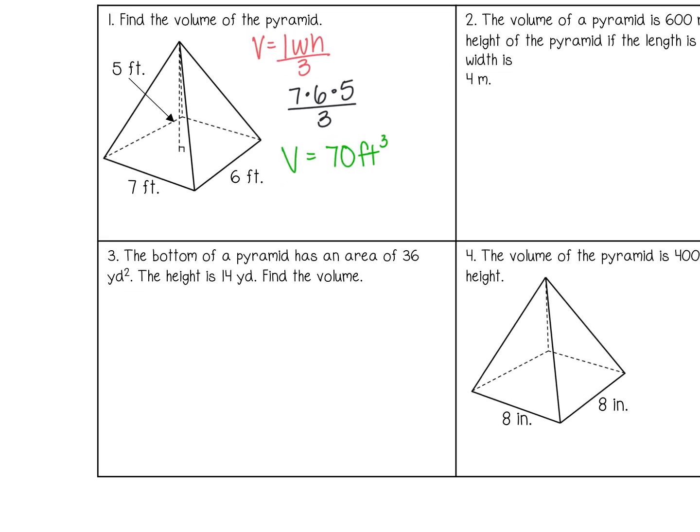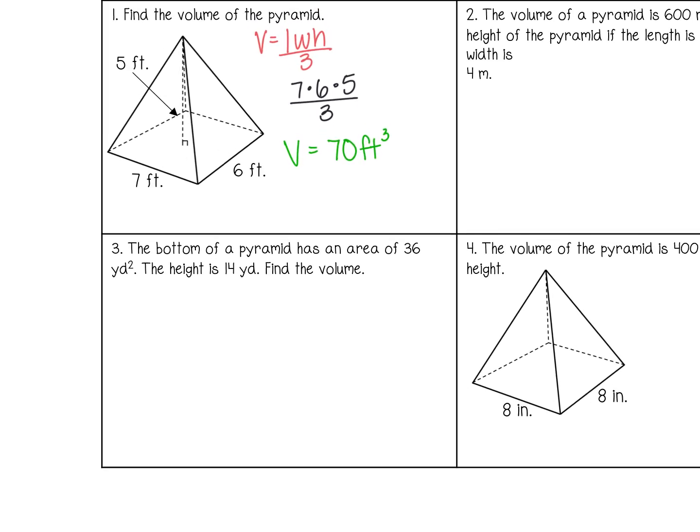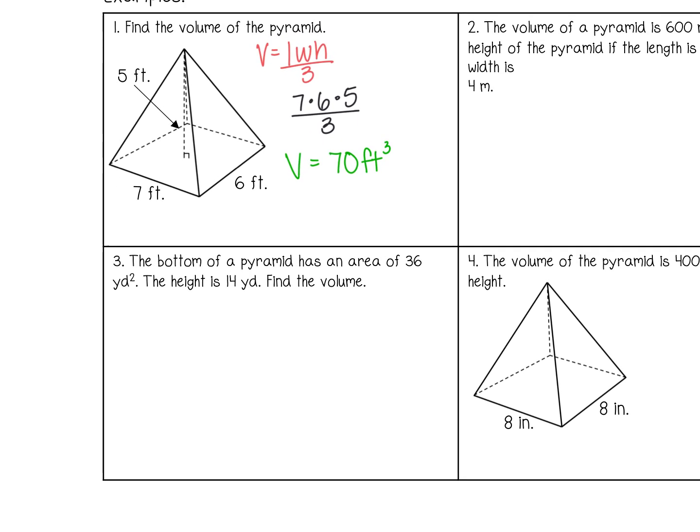All right, looking at the next one. The bottom of the pyramid has the area of 36. If you're not sure what it's asking, please draw it as best as you can. I know this is not a perfect pyramid, but at least I can kind of write in what they're giving me. Okay, the bottom of the pyramid, they're giving me is 36 yards. And the height of my pyramid is 14.